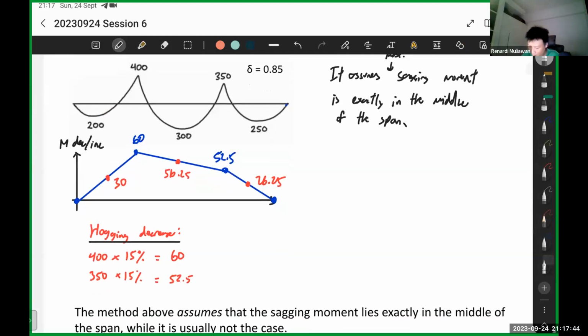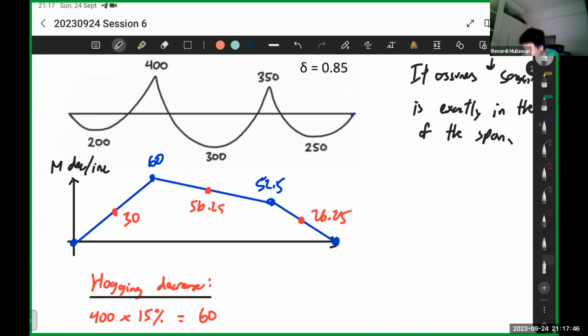What it means is, if you see here, 400 corresponds to 60. The 200 here, if you notice, is not exactly in the middle between these two lines. So the previous professor assumes that 200 is roughly in the middle. That's why we just take half. So 30 in this case, and 200 plus 30 is 230.